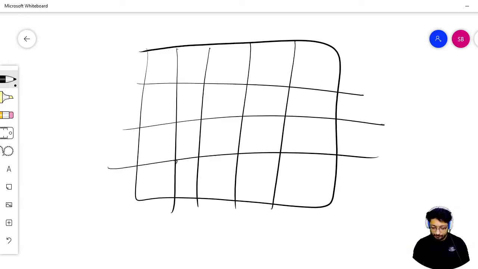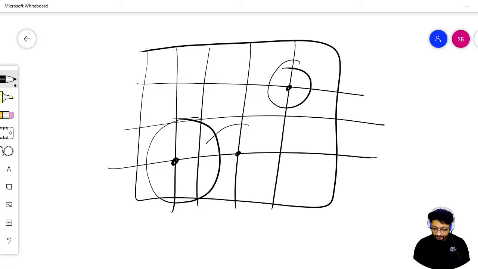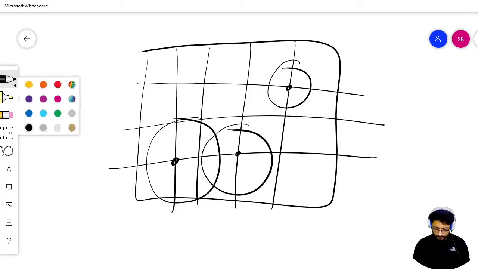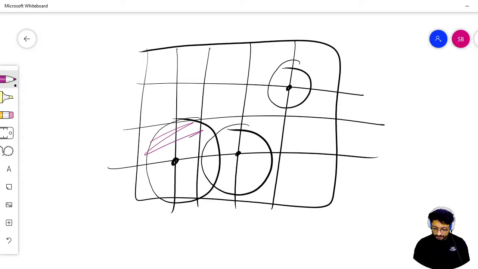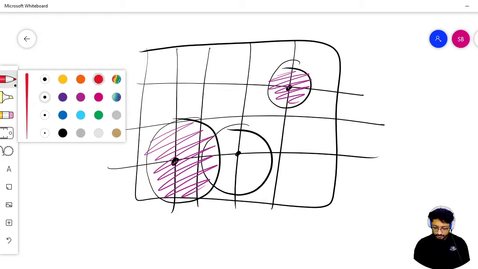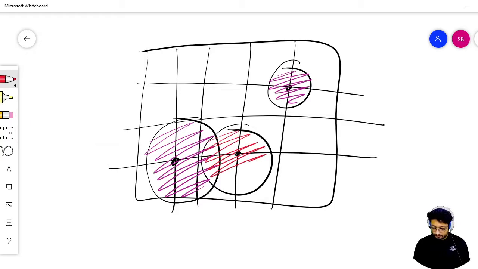So let's say we have a bomb at this particular grid. It can detonate that area, and let's say there is one more bomb detonating this much area, and one more bomb like this detonating this area. Now we'll start taking every bomb.